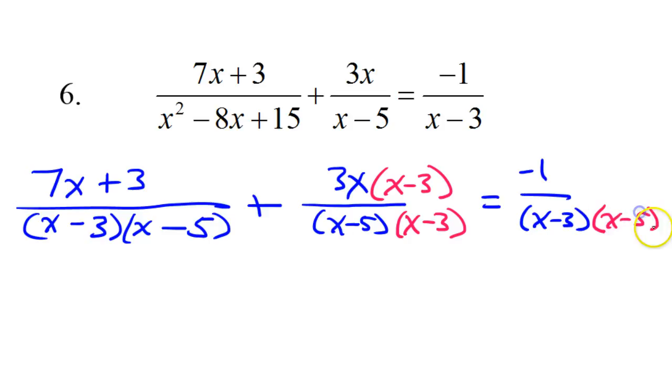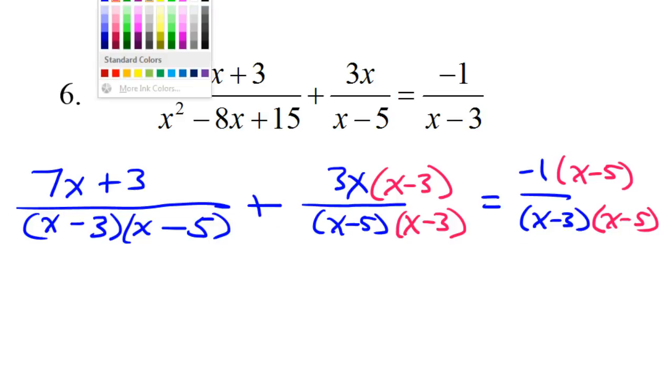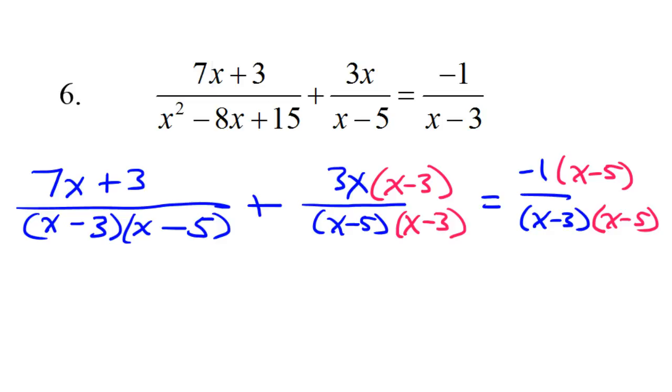So I'm going to put in an x minus 5 in the numerator and the denominator. Now all the denominators are the same. Once you have all the denominators the same, you can ignore them, and just set all the numerators equal to each other.